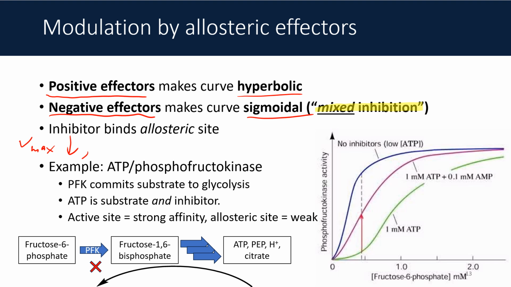So in addition to the Vmax drop, Km is going to increase. And that's never observed in non-competitive inhibition. So I'll try to show that here.